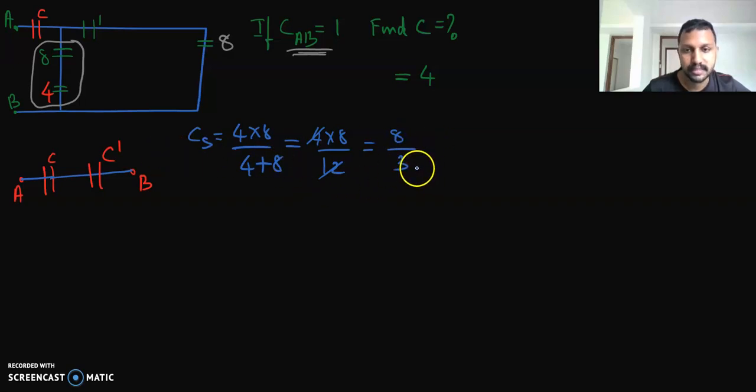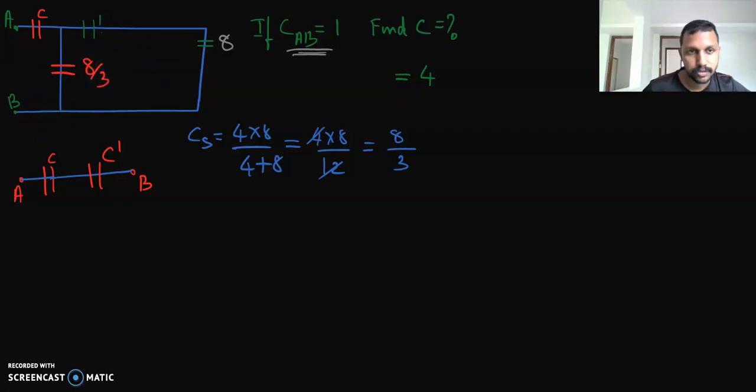We'll get CS as 8 by 3. Therefore, let me replace these 2 capacitors, and instead of them draw an 8 by 3 farad capacitor over here.